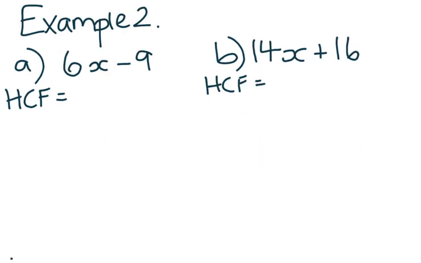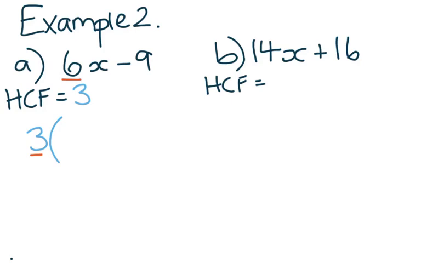Example number 3, a little bit different. The highest common factor, we're still looking for just a number here. So we're looking at what is the biggest number that goes into 6 and into 9. So the highest common factor here is 3. So we take the 3 out the front. But this time we're still doing division, and we're going to do 6 divided by 3, and that's 2.